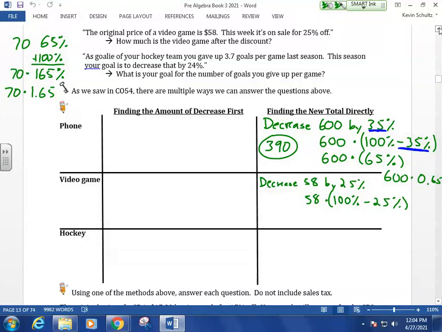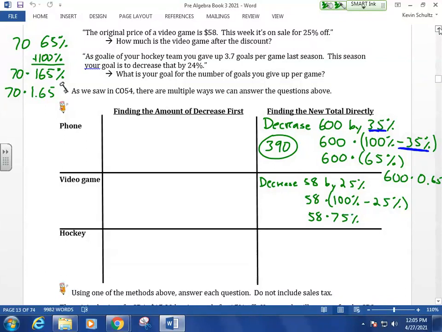So we're not paying full price, we're paying 25% less than that. Which means that we're actually paying 75% of the original price, right? Because we took 25% off the original price, which means there's 75% left to pay.